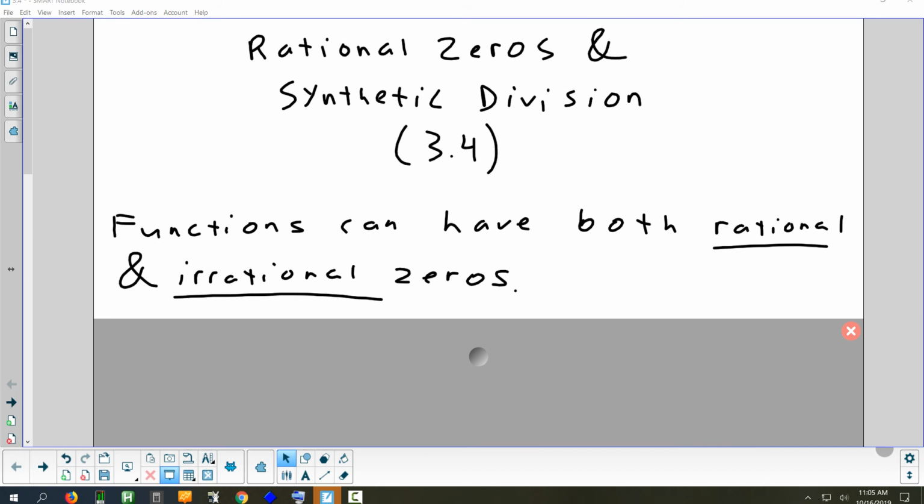So functions can have both rational and irrational roots. Can someone remind me, what does that term mean, rational? What does rational mean? Like if a number is rational. Brendan, do you remember what that means? Rational? I don't.